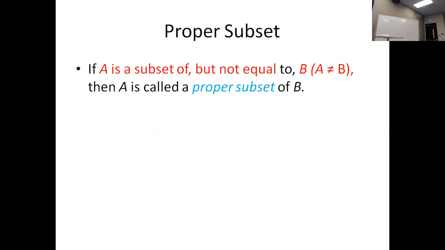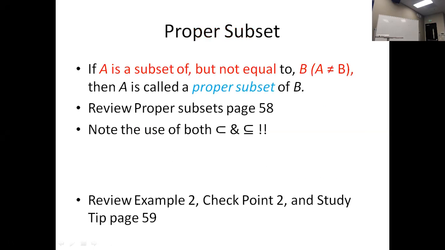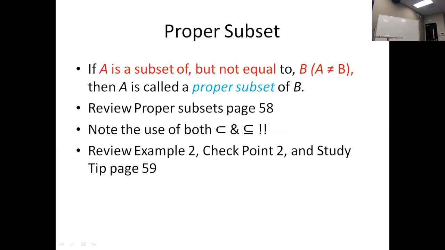Proper subset. If A is a subset of B, but not equal to B, A is a subset of B but it's not identical, it's not equal to B, then we call it a proper subset. Look at page 58 regarding proper subsets.